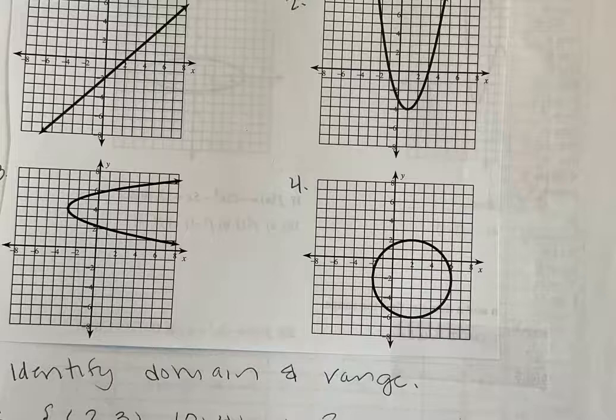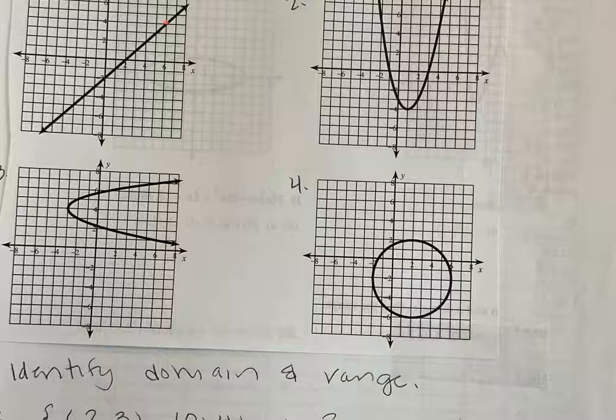Now, when you have your graphs, there's a couple things you can do. You can look at all the ordered pairs, but if you notice, there's an infinite number of ordered pairs here. Or you can do something that is called the vertical line test. What that vertical line test means is that if you pick any point on this graph, so I'm going to go with this linear one in the corner here, and I'm going to pick the point 6, 4 right here.